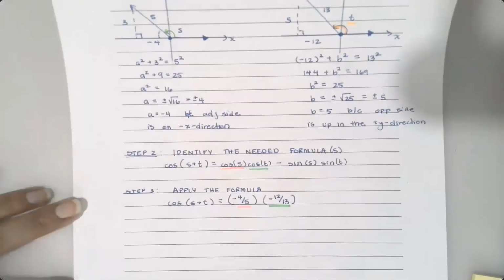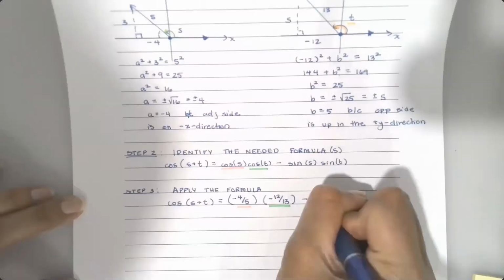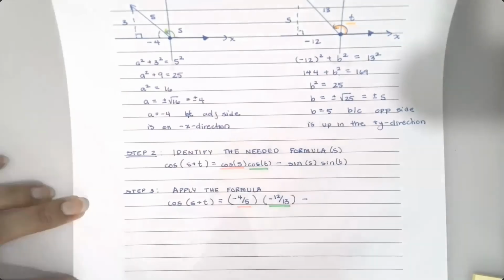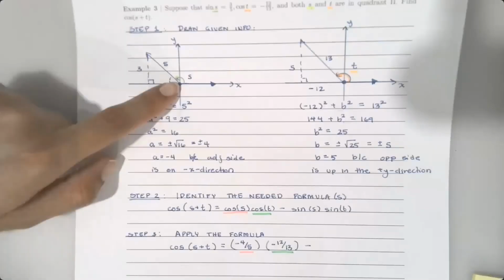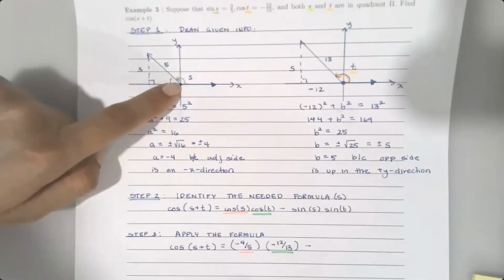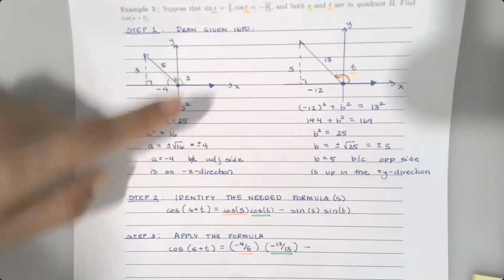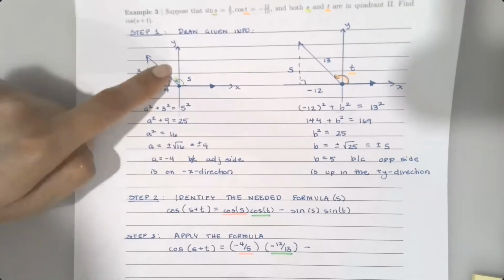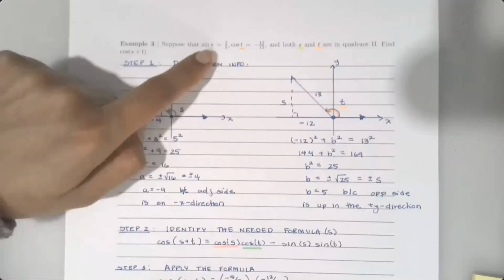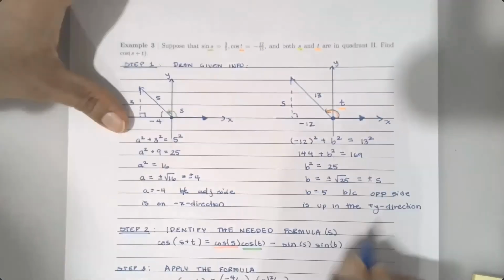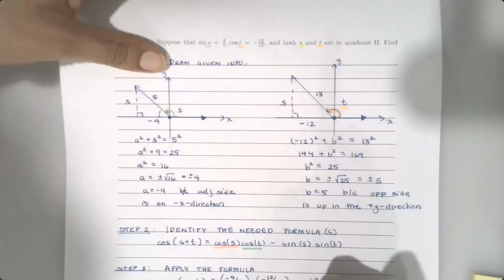Then we have minus sine of angle s. Again, if we go back to this first picture, we can do it from the picture, which is opposite over hypotenuse, 3 over 5, but we also have it here as a given, 3 over 5.